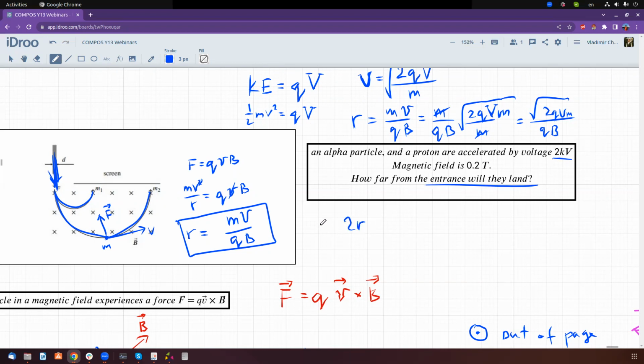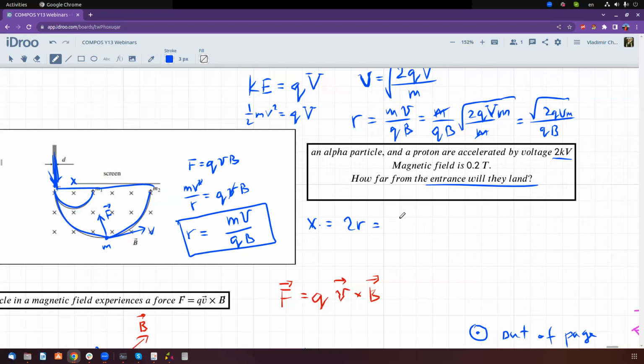X is the distance from the entrance, so that's x. X is 2r, so that's equal to 2 times that.